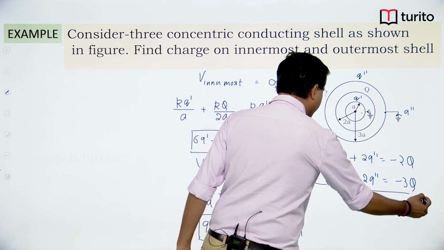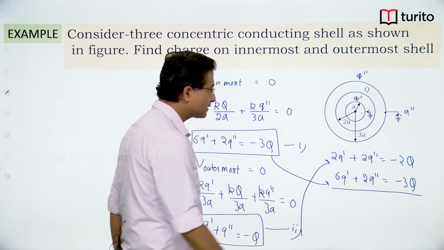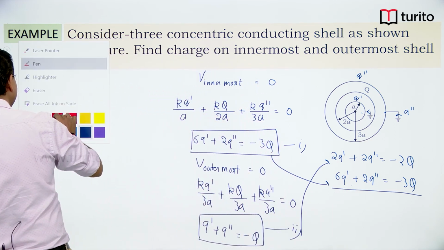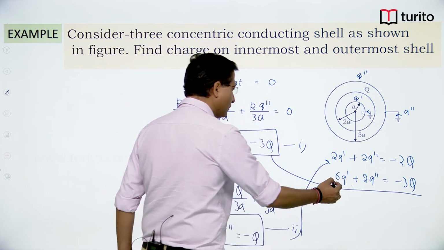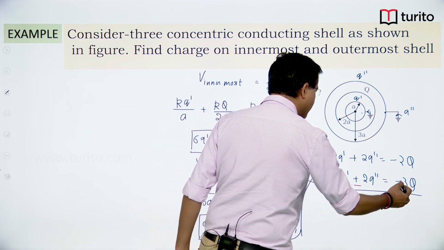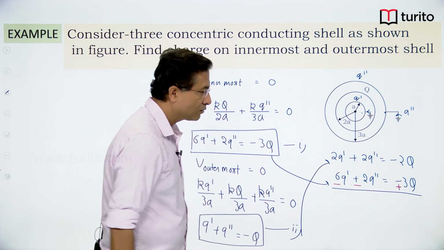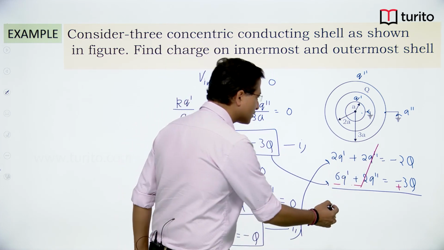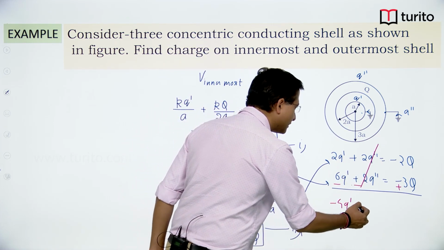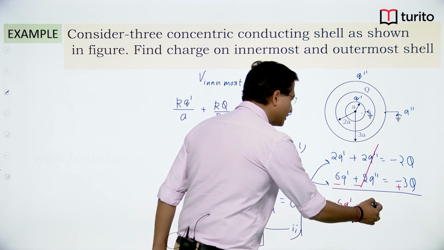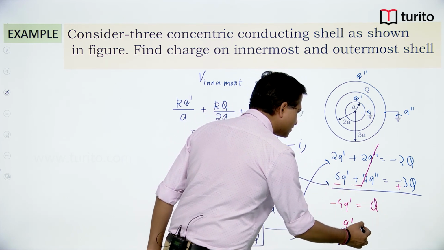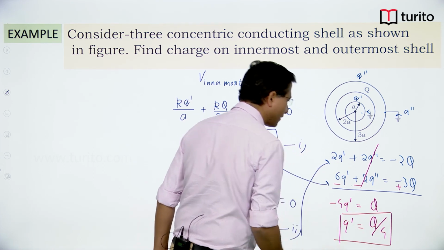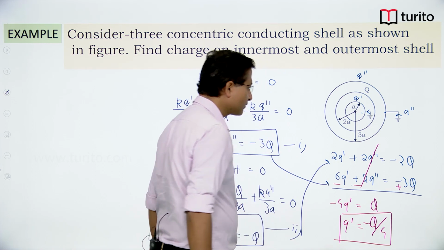If I subtract these two, minus minus plus, these two get cancelled out, and here I can see minus 4q' is equal to, this side I see Q, that means q' is equal to capital Q by 4 with minus sign.